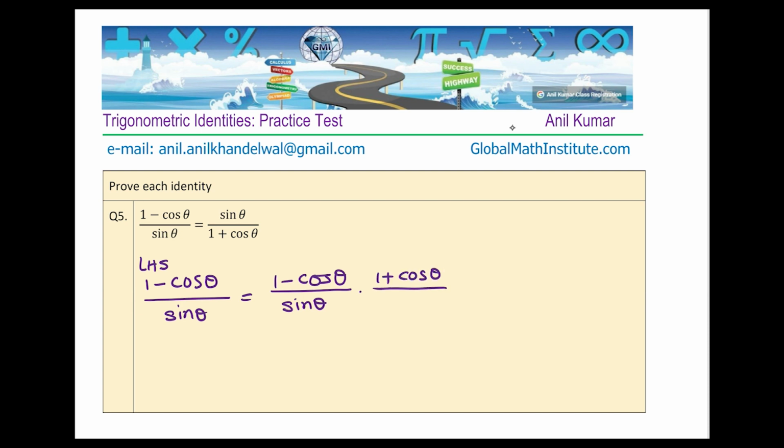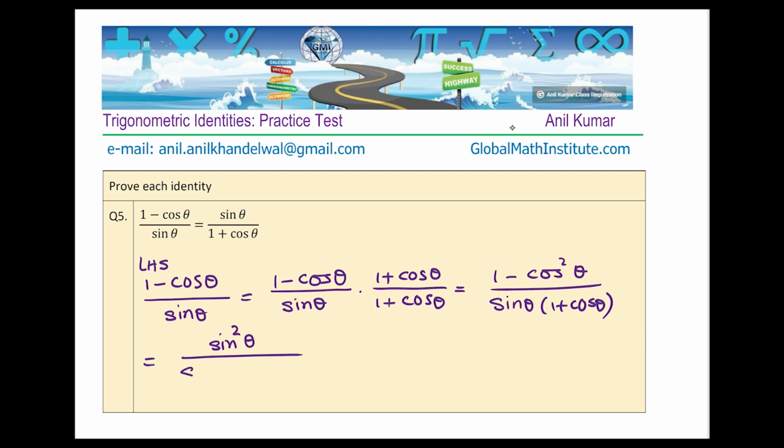When you multiply and divide by 1 plus cos theta, in the numerator we get a difference of squares, which is 1 minus cos square theta, and in the denominator we get sin theta times 1 plus cos theta. Correct? The numerator is equal to sine square theta.